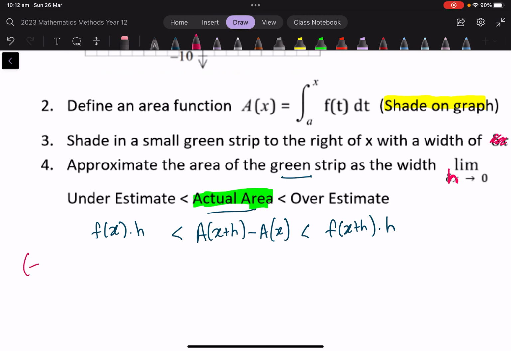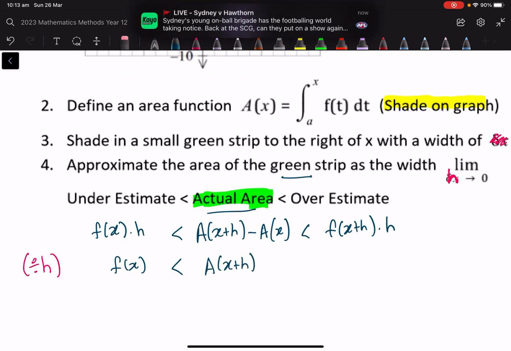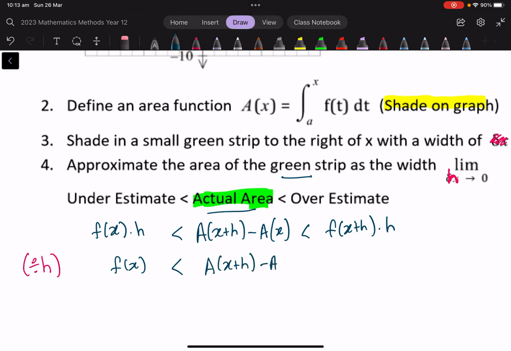If we divide everything by h, this first bit, f of x times by h, if we divide that by h, we'll just get f of x. And that would be less than this bit if we divide all of this by h, which would be less than f of x plus h if we divide that by h.